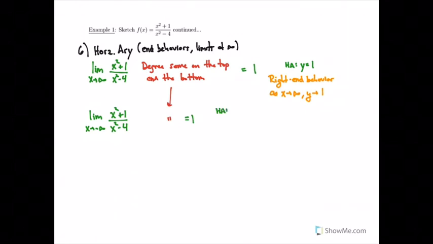Again, it's the same horizontal asymptote. For rational functions, we're not going to have anything different like that. Or we could say that the left end behavior here is as x goes to negative infinity, y goes to 1.